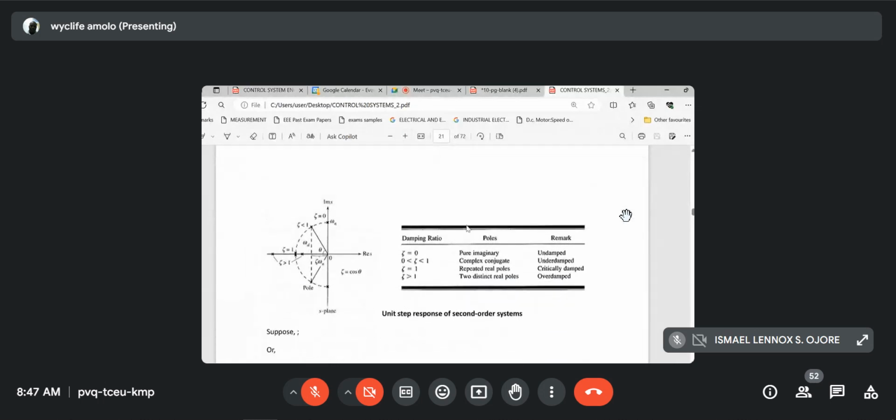Okay, I want us to come here a little bit, and this is a summary. For the damping ratio, when it is equal to 0, the poles are pure imaginary and the system is undamped. When it is between 0 and 1, the poles are complex conjugate and it is underdamped.